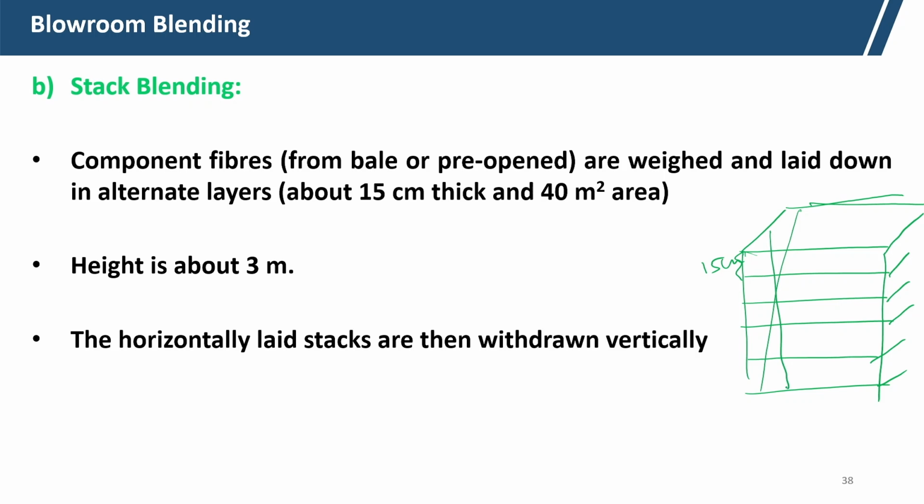So, we take the fibers vertically, that means this is component 1, 2, say 1, 2, 1, 2, like this, and if we remove it vertically, then we can maintain the blend quantity, and this is done manually.